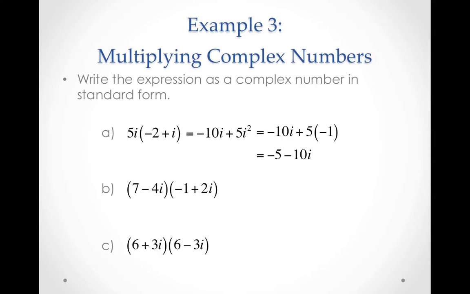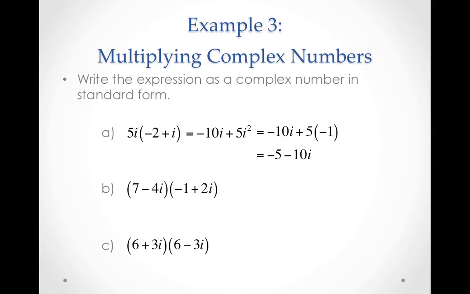And when we simplify, now we have the standard form of a complex number that we're looking for. -5 minus 10i. Our a is -5, our b is -10, and then we've got our i. So anytime you have an i squared come up in an answer, we need to replace i squared with -1 and then further simplify to get our standard form of the answer.